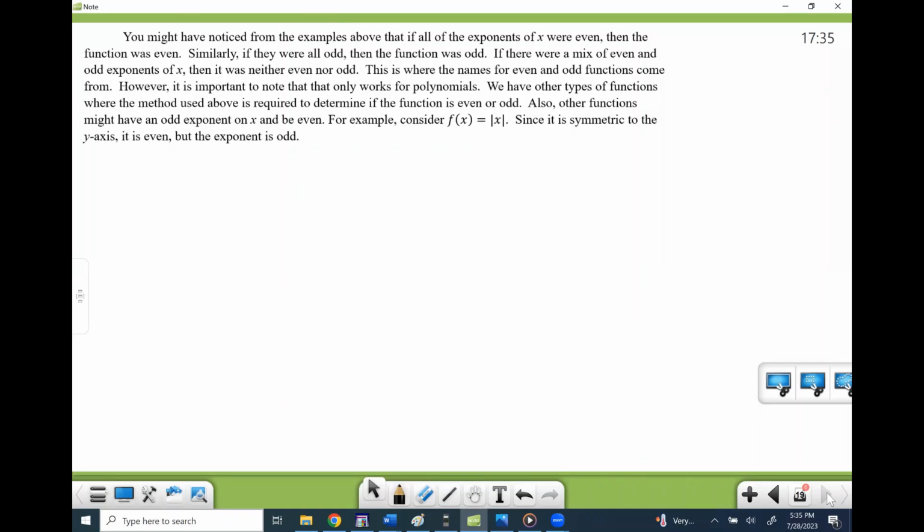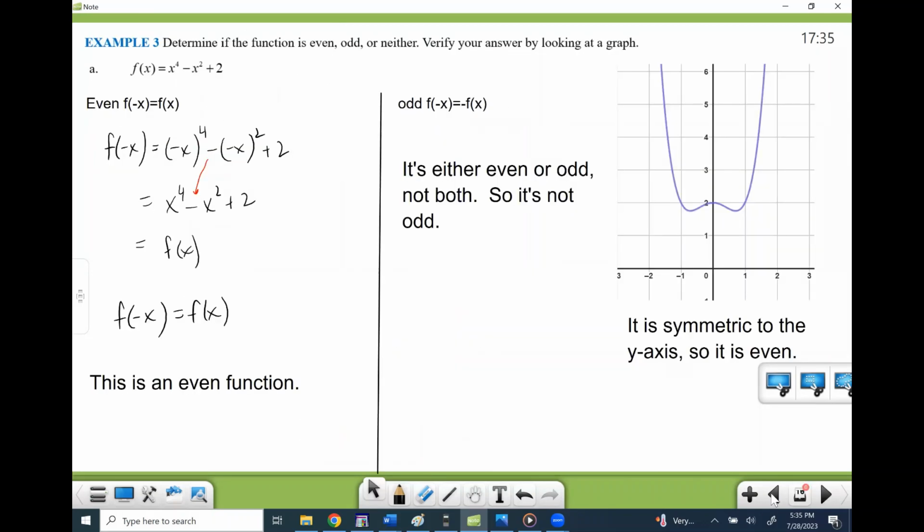Now, I'm going to point this out. Maybe you noticed it, maybe you didn't. But on some of the examples where all of the exponents were even, the function was even. So let's go back and look at our examples. All of the exponents were even on this one, so it was even.